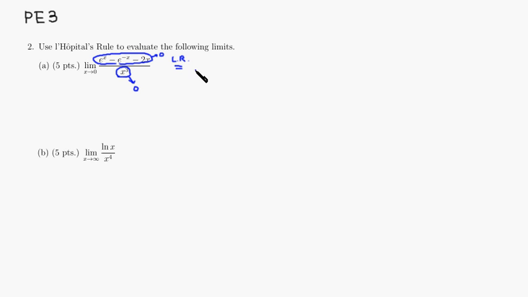So you still have the limit as x approaches 0, but we get to take the derivative of the numerator and the denominator. Let's take the derivative of the numerator. Derivative of e to the x is e to the x.